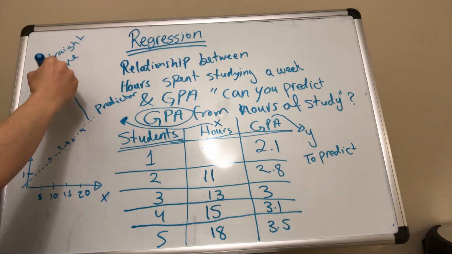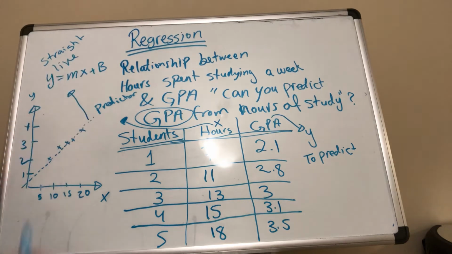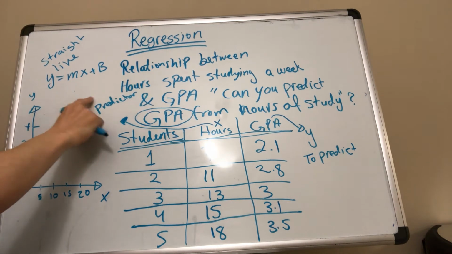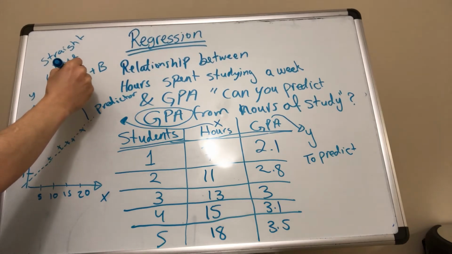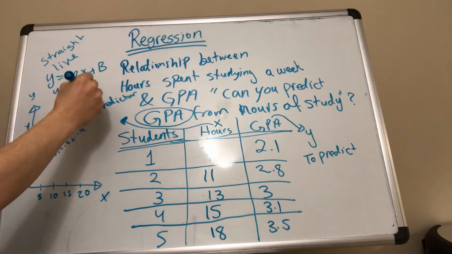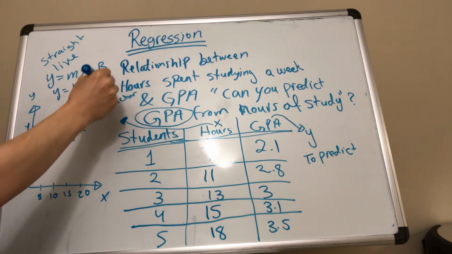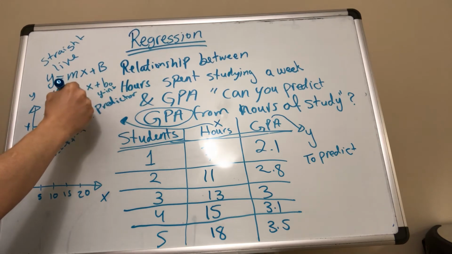You're probably familiar with it: the mx plus b equation for a straight line. But in statistics, we don't call it mx plus b. m is your slope, we call this b1, and b would be your intercept, b0. This is your y-intercept, and this here is your slope.